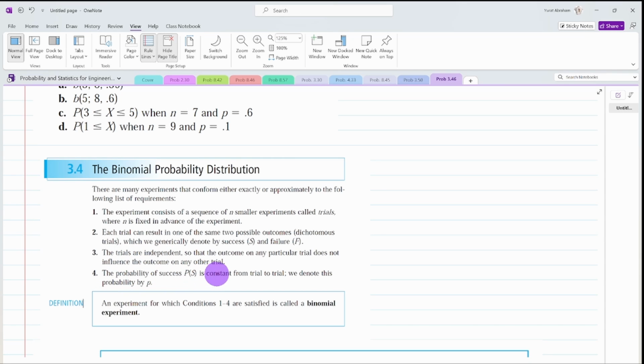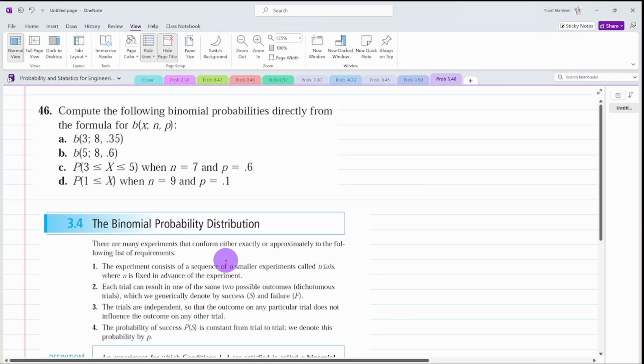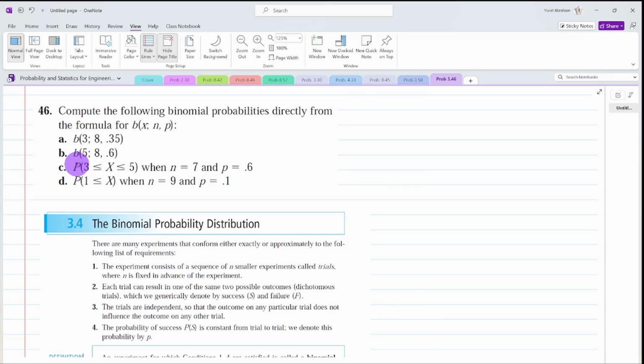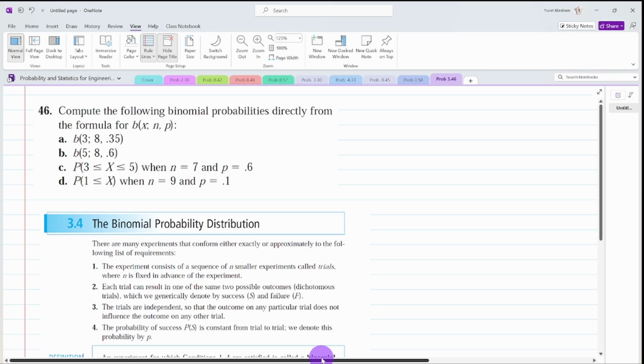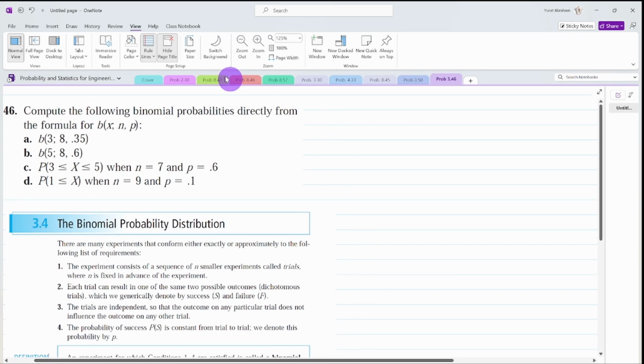The probability of success is constant from trial to trial, and it's denoted as p, lowercase p. So be careful. Lowercase p is the probability of success, as you can see here, here, and then here. Capital P is the probability of what we're looking for, the actual probability of the binomial probability distribution. Okay, let me go ahead and start with number 1, and there I can also explain a little bit more about what these things mean.